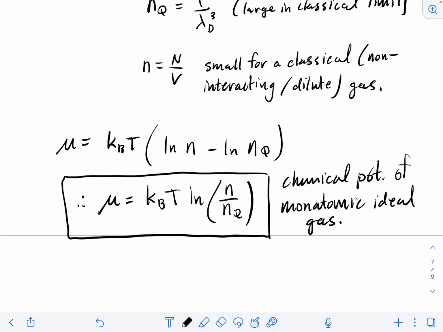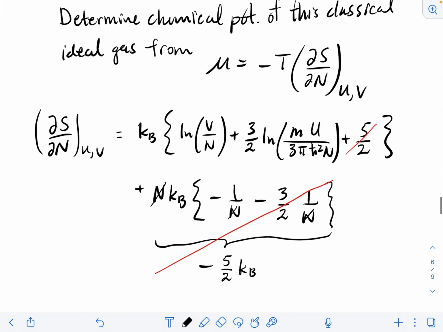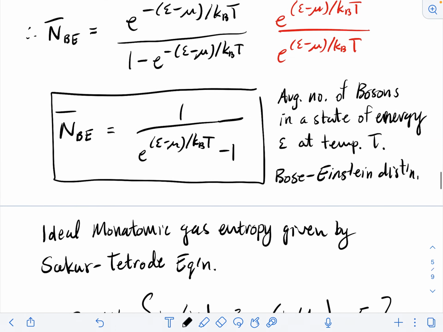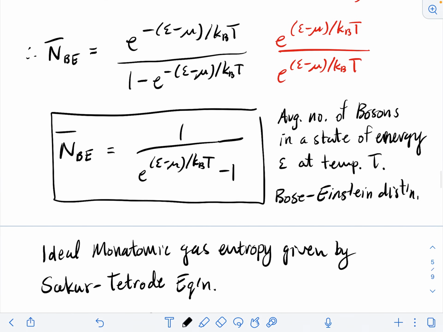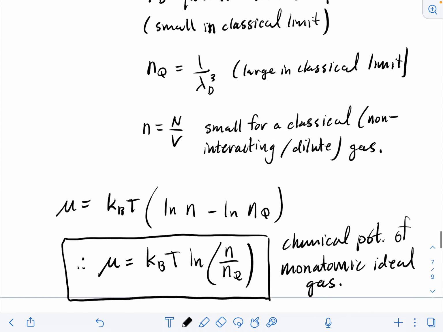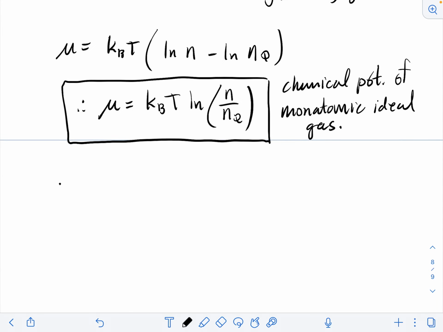So if we go back and look at some of these expressions that we've written down for the Bose-Einstein and Fermi-Dirac distributions, a quantity of importance is mu over kBT that appears in these exponentials. What our calculation allows us to do is to write that mu over kBT is equal to the ln of n over nq, where n is small and nq is large.